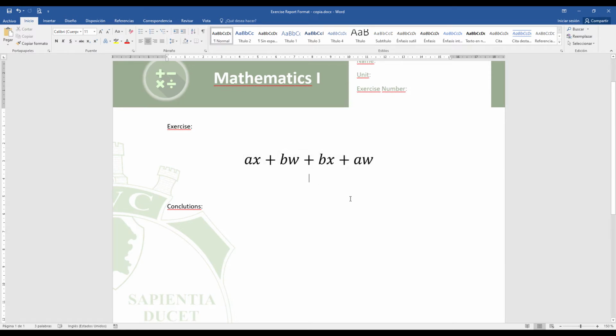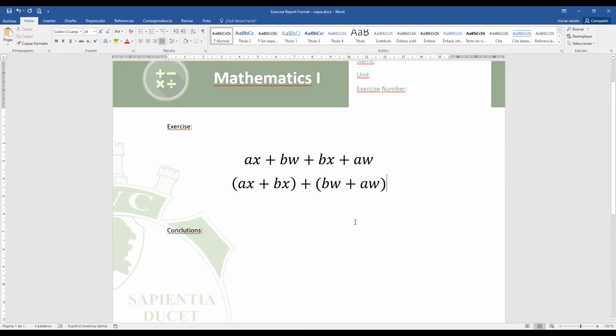So you cannot decide which will be the common factor here, so you need to create groups. For example, you can group all the a's and the b's, or maybe the x and the w. So for example, I will group by all the x, w.